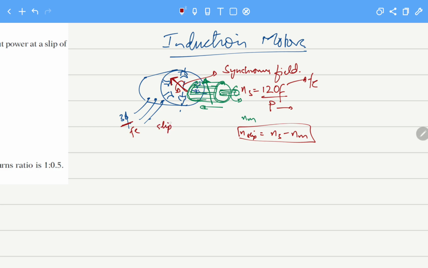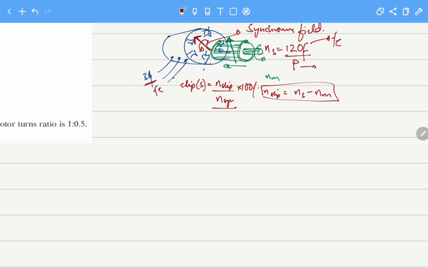The slip, which is usually denoted by s, is the ratio of n slip divided by synchronous speed, and it is usually expressed in percentage. This is a very important ratio which is repeatedly used in a number of equations.